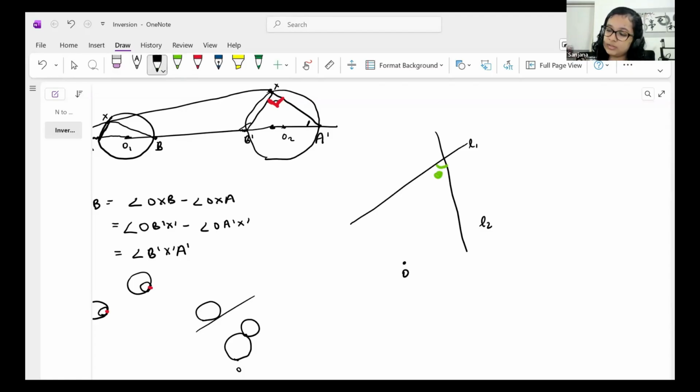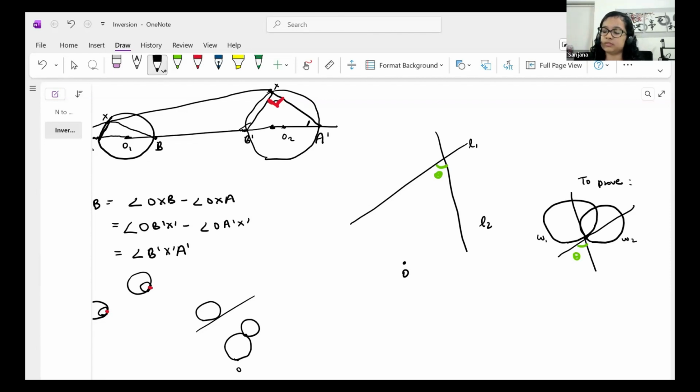Their inverses will be two circles, and I want to show that the tangents to these circles at the common point also form an angle of theta. This is what I want to prove. Let's say L1 goes to omega 1, L2 goes to omega 2. You can take some time to think about this and let me know if you have any ideas.